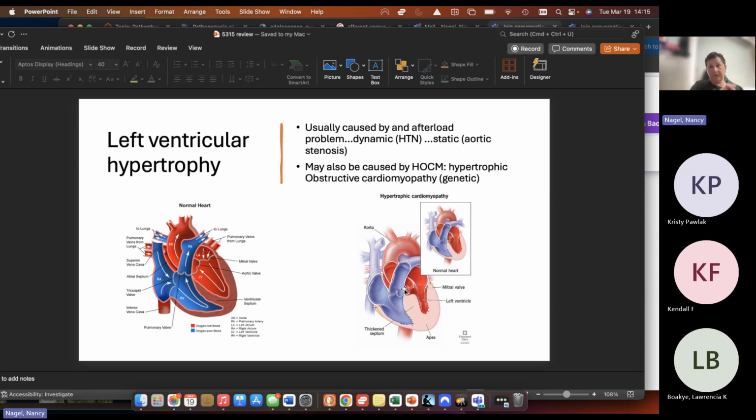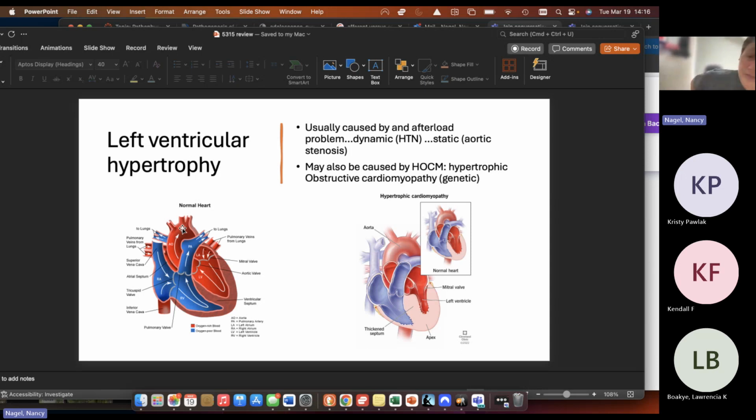Static afterload, which means the static back pressure against it, is going to be caused by possibly aortic stenosis. That can happen with calcified valves, especially as we get older, but it's a pressure that it has to overcome. Or it can be dynamic afterload, which is resisting against high blood pressure.